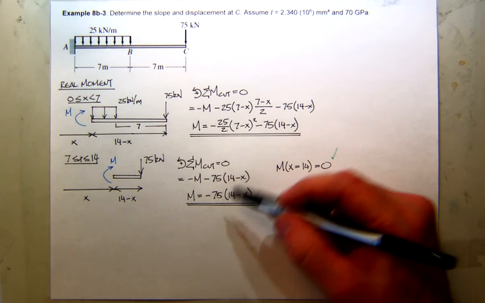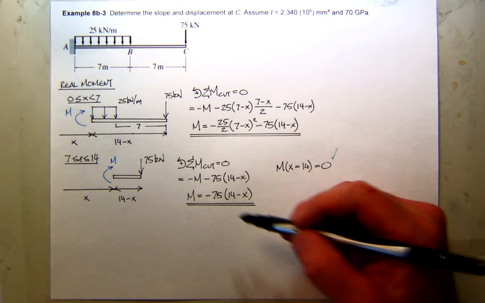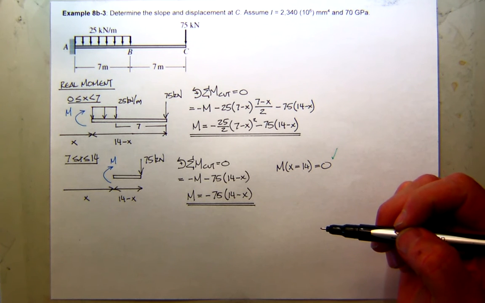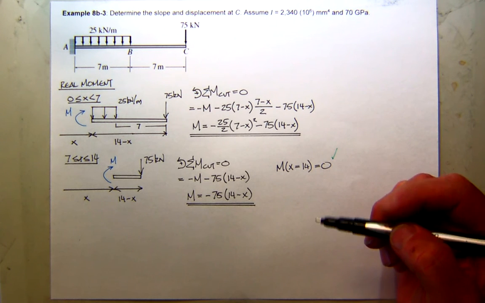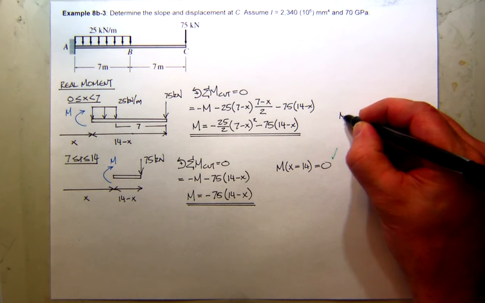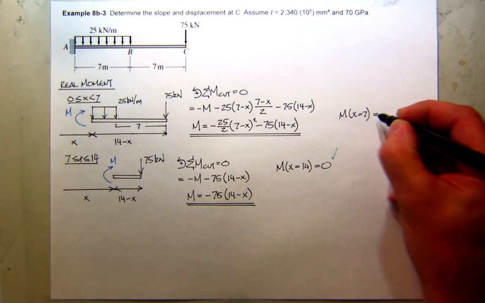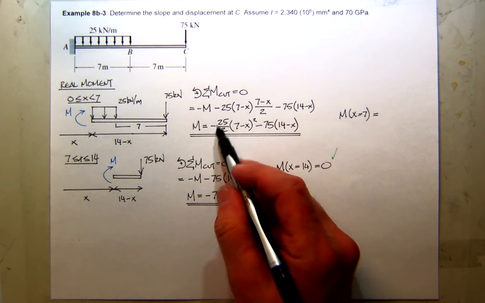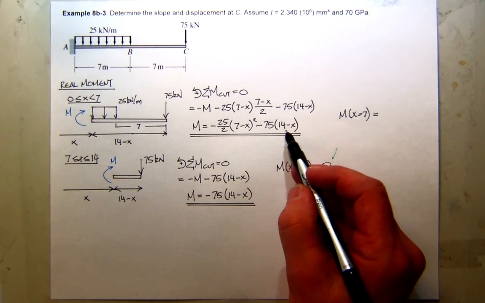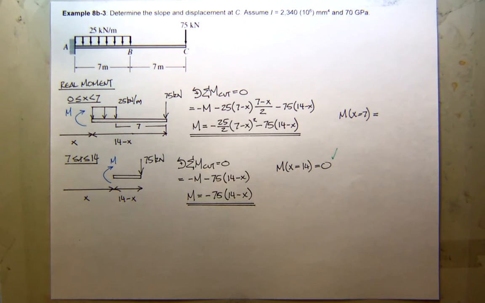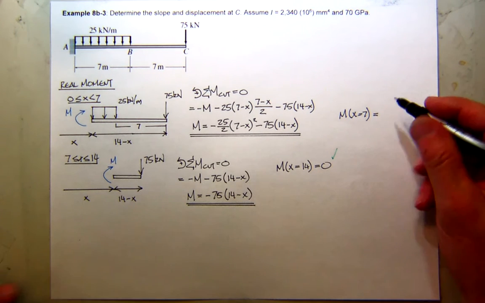These two expressions should give the same value at x equal 7. So what is this one at x equals 7? Somebody compute that. Well, this term is going to cancel out, right? This is going to be 7. What's 7 times 75? 525?